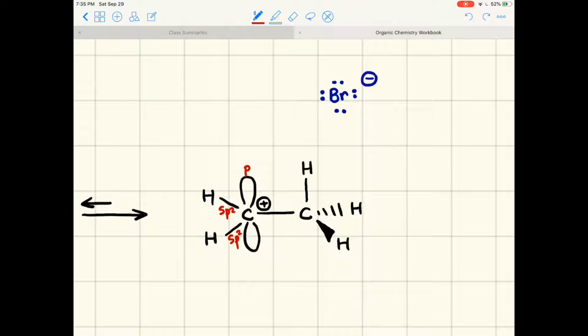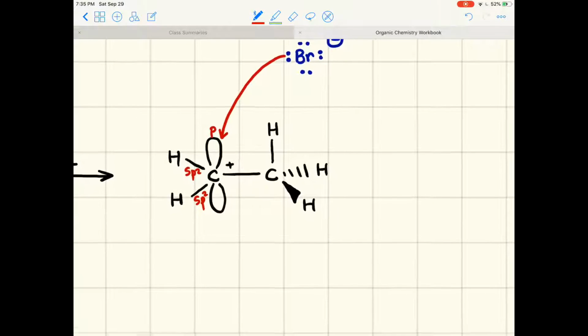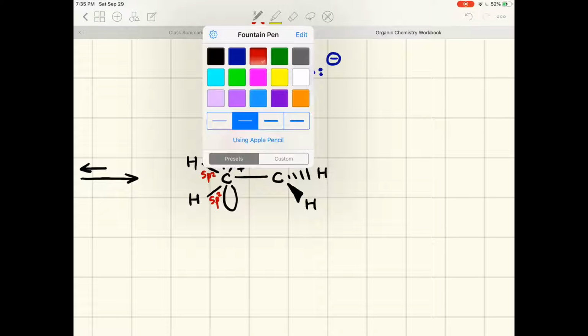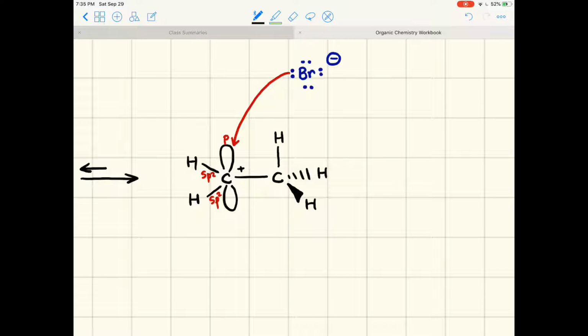Now this positive charge and this negative charge are gonna attract. So what happens is one of these electron pairs, in order to stabilize this molecule, comes and binds to, basically, this bromine is so nice that it's gonna share its electron pair and give it to carbon, so carbon can be happy too. Now it's all about making things stable.